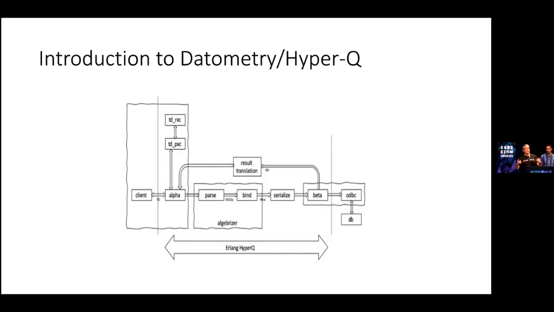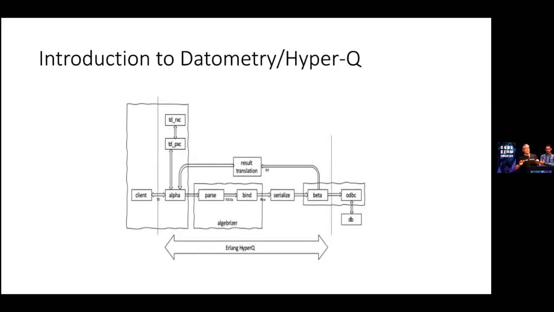And so in order to do that, we have to do two things. The first thing is that we have to emulate the network protocol that Teradata clients use, right? And the second thing we need to do is we have to translate the SQL, because the dialects of SQL are different. There can be mismatches in the kinds of data types that are allowed, and differences in behavior even with the SQL. So this talk is primarily about the network protocols.